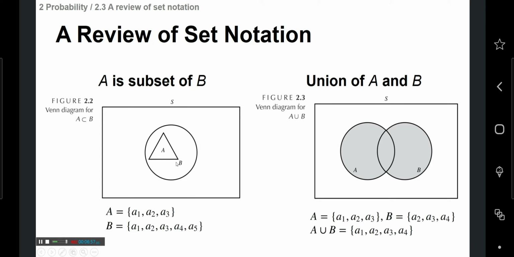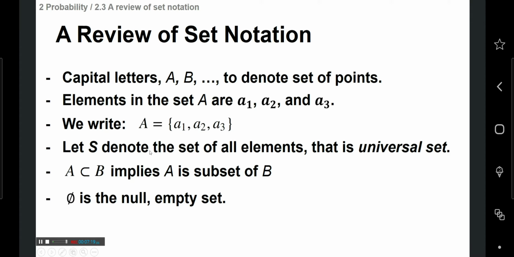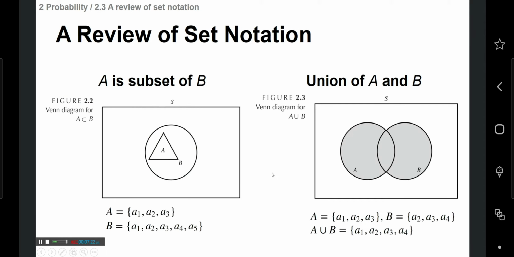The set A is here, with elements A1, A2, A3, and A4 and A5 are outside of set A but still inside set B. Here S denotes the set of all elements. So probably we have A6 and A7 here, and for all cases, containing all elements, it's set S, the whole set.